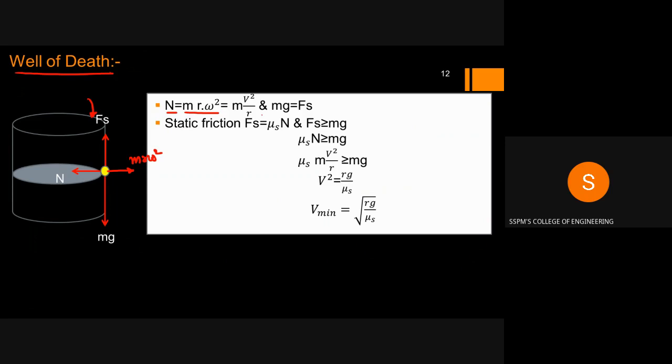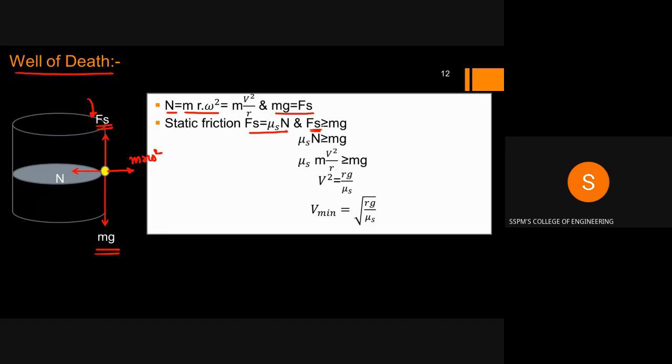And the second equation is its weight, that is the self weight of the rider along with the bike, mg, which is balanced by the static friction. Okay, so mg is equal to fs. Now here the static friction is equal to mu s into N. Okay, and the condition for the equilibrium is that the static friction must be greater than mg.